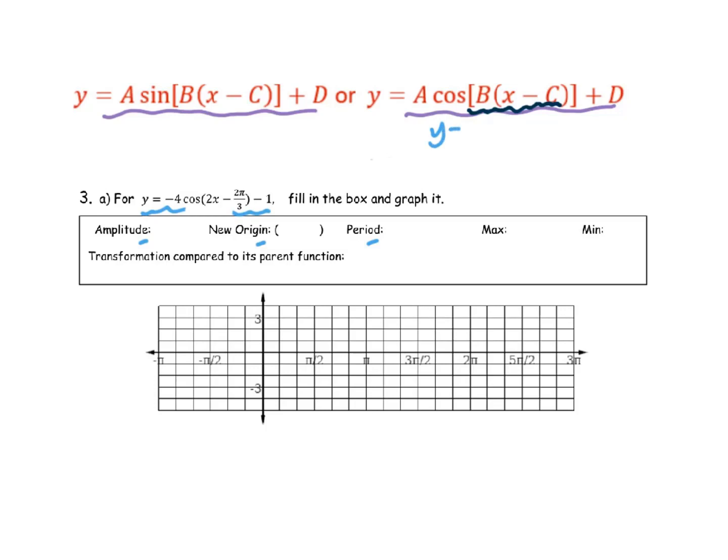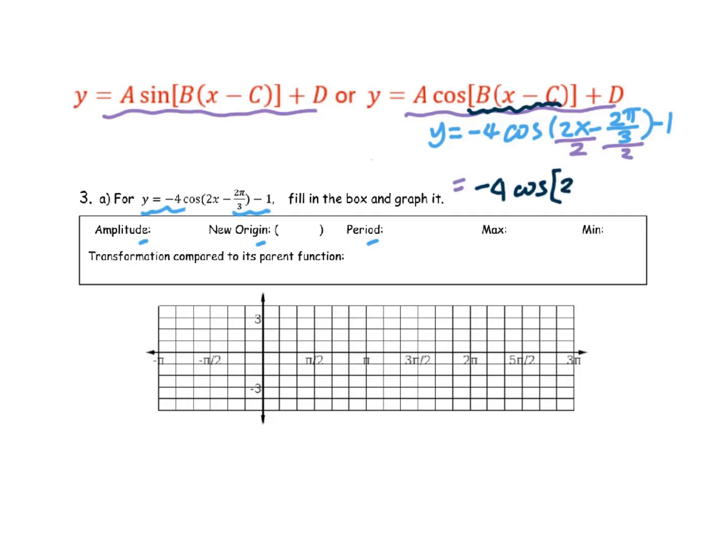So we got y equals -4 cosine 2x minus 2 pi over 3 minus 1. Then we divide it by 2. Still -4 cosine.